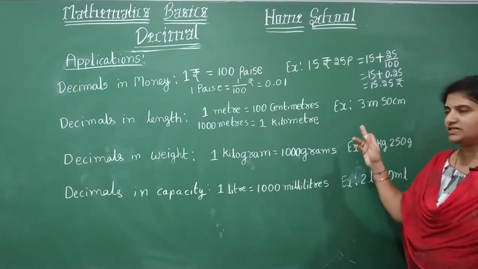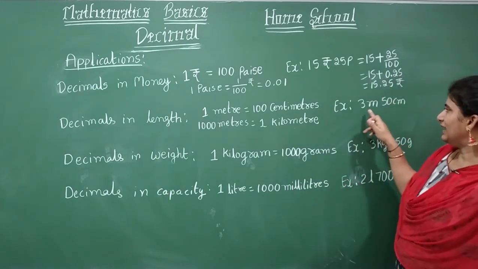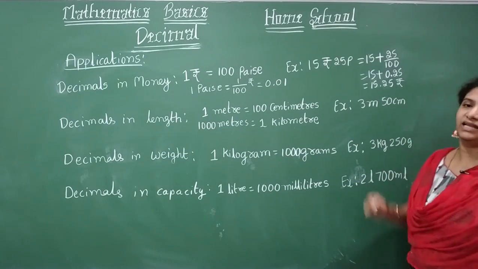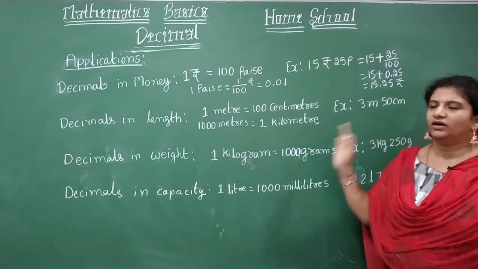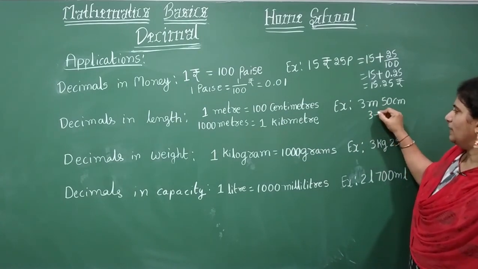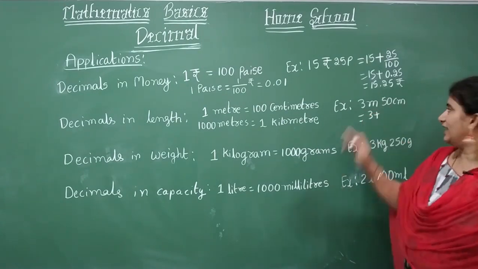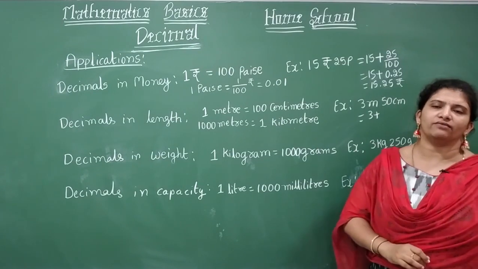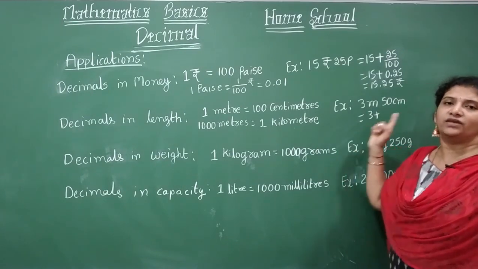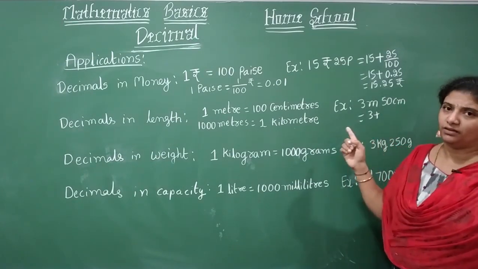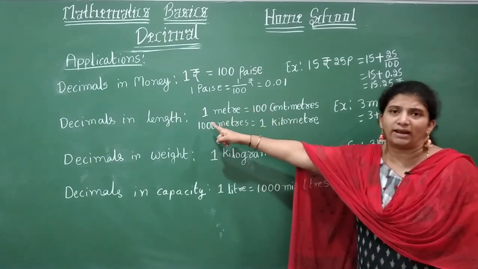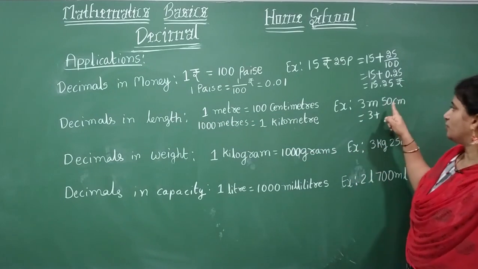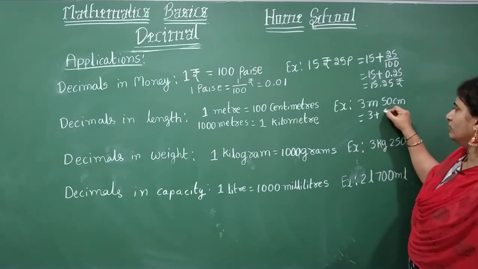Let's see the first example here. 3 meters 50 centimeters. Now 3 meters, it's a whole, right? So I will write 3 plus. Then 50 centimeters, you convert into meters. 1 centimeter is equal to 1 by 100 meters, so 50 centimeters is equal to 50 by 100.